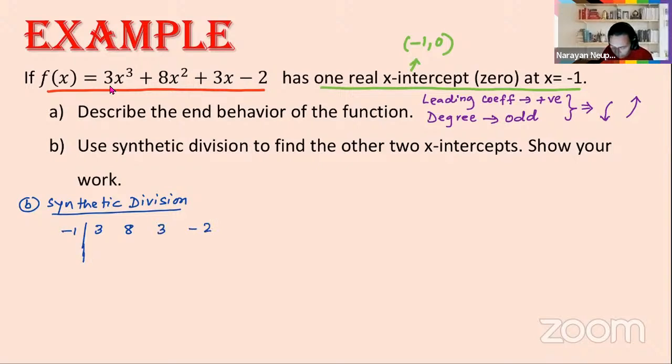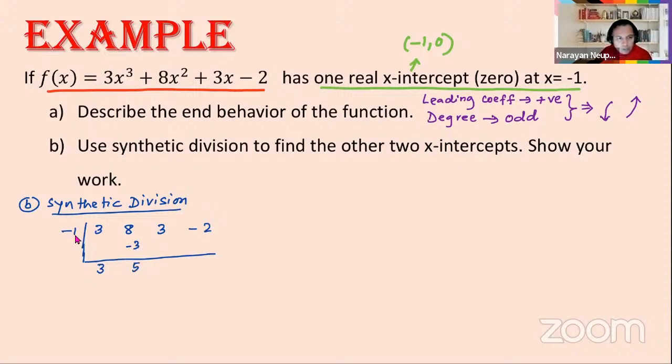How we perform the synthetic division is we bring this 3 down, and then we multiply this -1 with 3. So -1 times 3 is -3. Then we add, that's a 5.